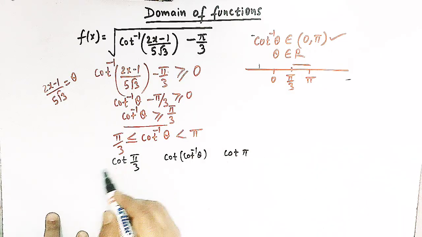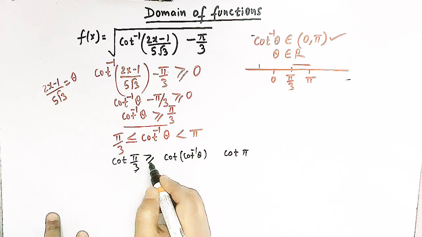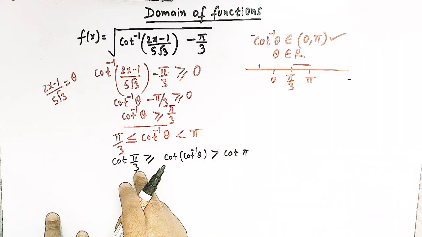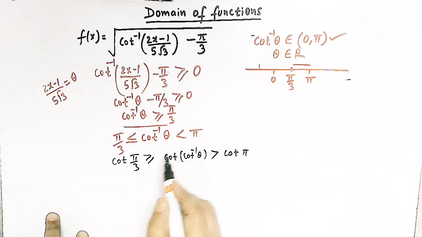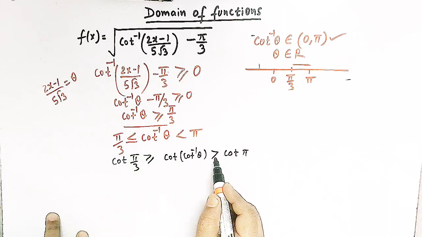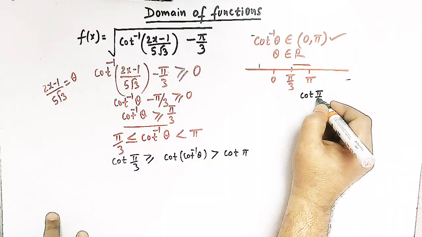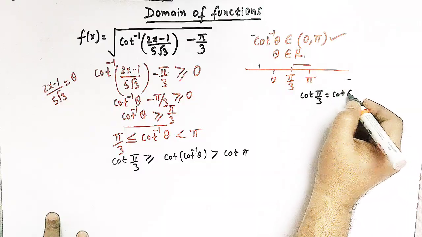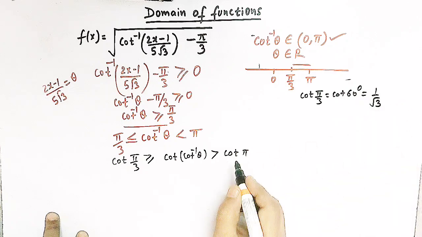We know that the cot function is a decreasing function, so the direction of the inequalities gets reversed when we take the cot of all three quantities. And from trigonometry we know that cot pi by 3 is cot 60 degrees, which is equal to 1 over root 3.